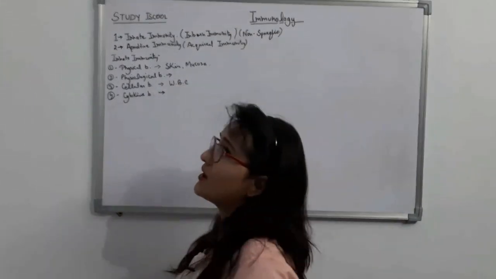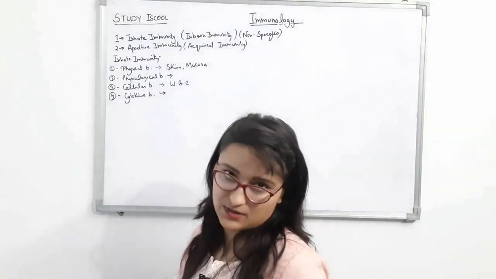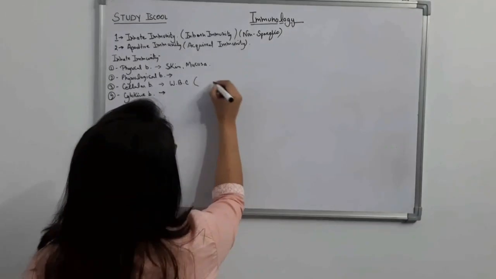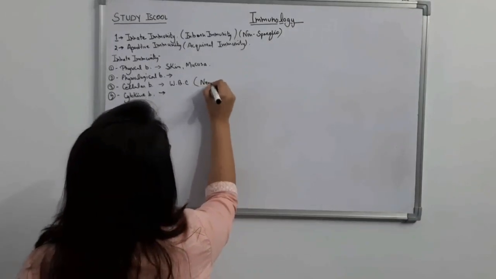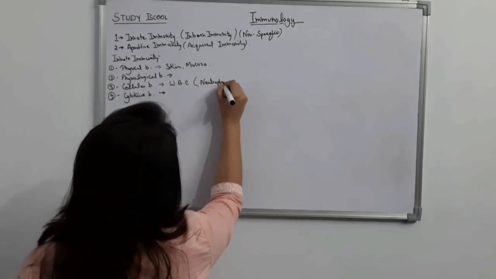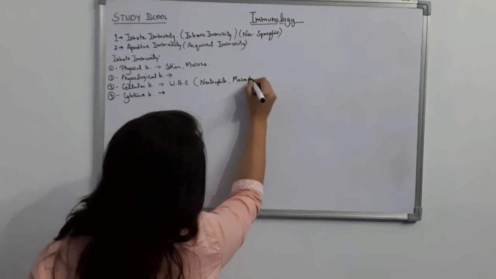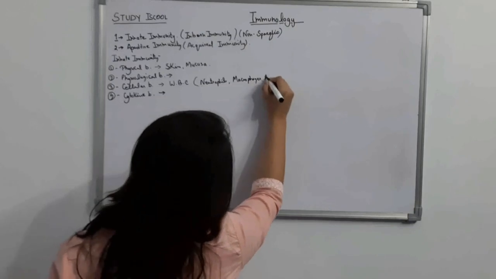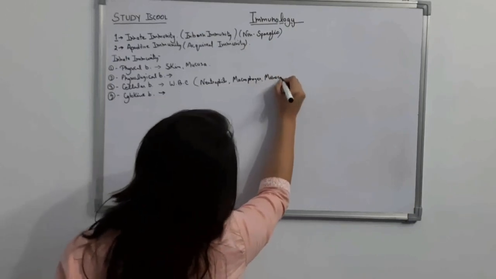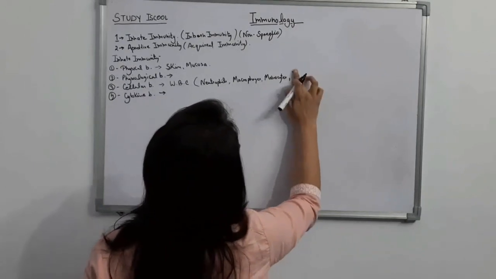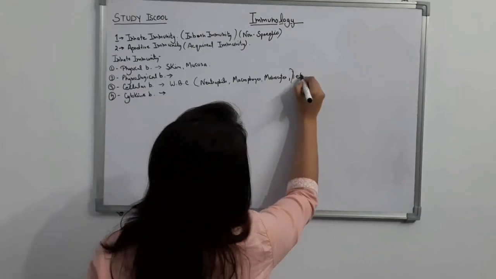WBCs are also called white blood cells of our body or leukocytes. So these contain mainly neutrophils, macrophages, monocytes, etc.